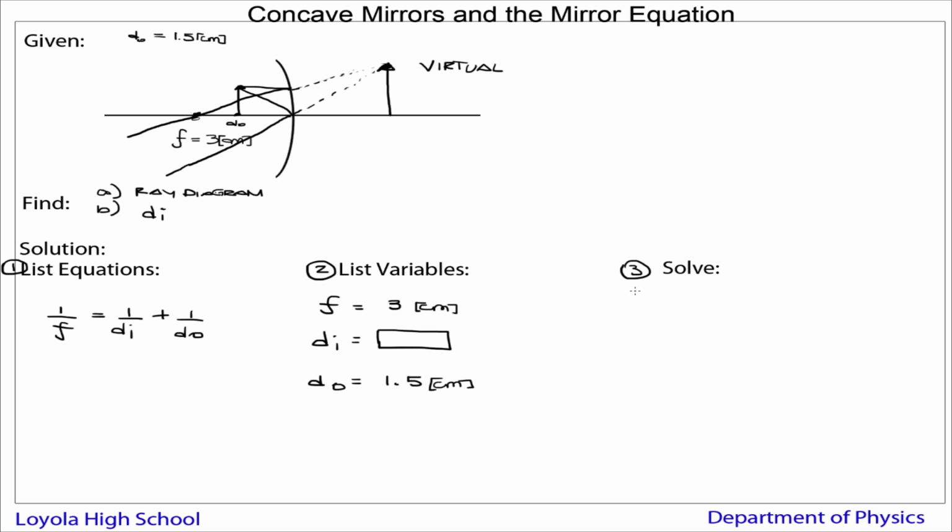And then lastly, we do the solve part. I break it into 5 sub-steps, just so we make sure we're clear on all the steps. So I say 1 over f is equal to 1 over di plus 1 over do.